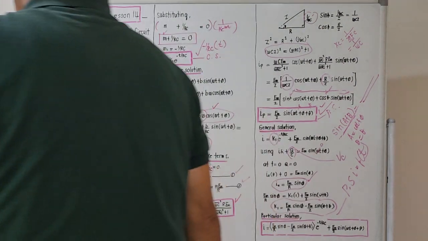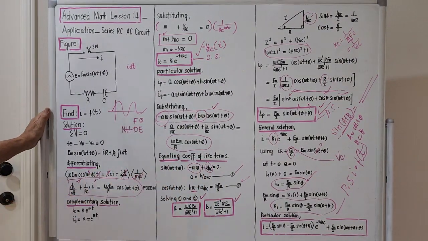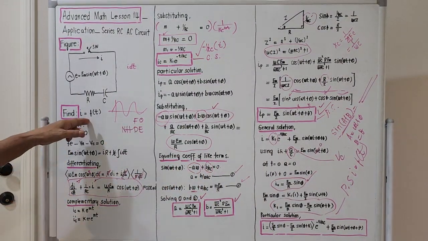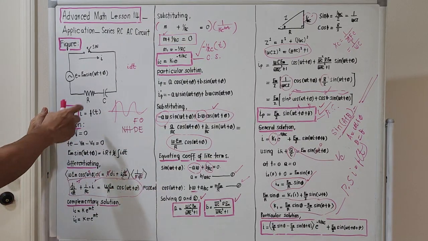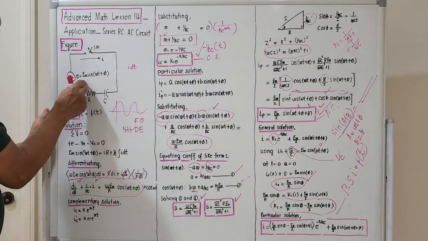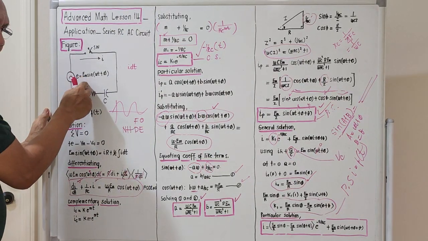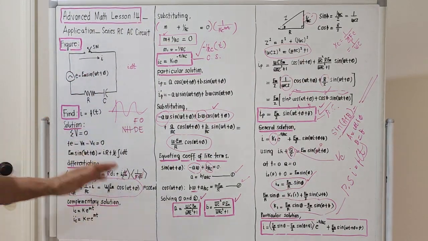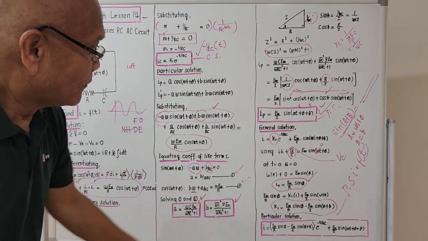Okay, that's it, guys. We are now given current as a function of time, considering a resistance and capacitance connected in series energized by an alternating current source. It's a little bit long.